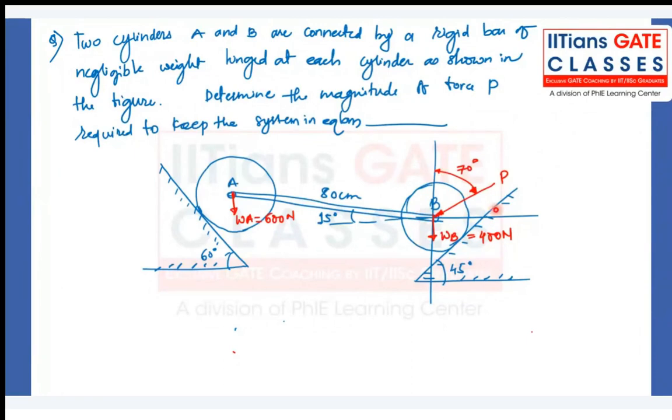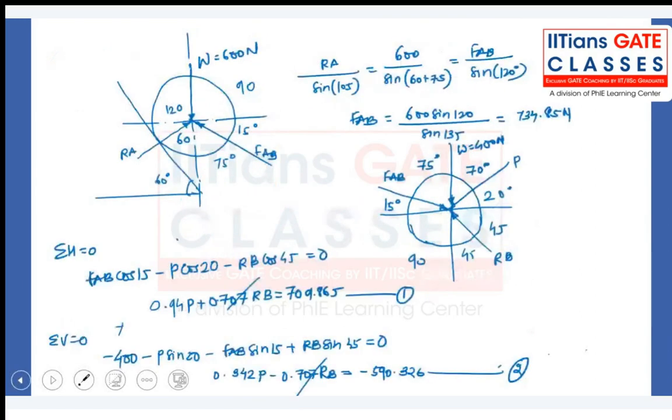So in order to remove one unknown, you first draw the free body diagram of this roller A, and then calculate the FBA, because here the only unknowns are FBA and this RA. Here also you can create two equations, or by using Lami's theorem you can easily get the FBA. If you don't want to use it, summation of horizontal forces and vertical forces equal to 0 is also correct.